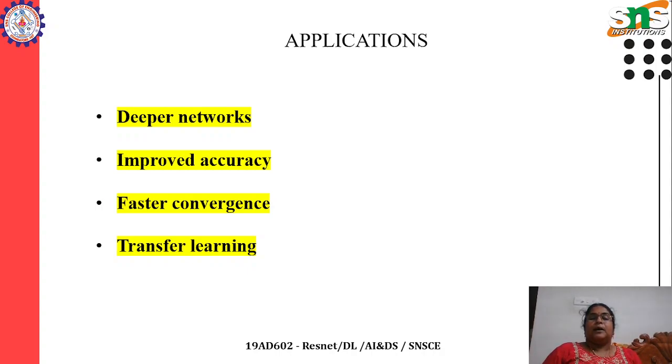It has improved accuracy compared to the VGG net, and it overcomes the dropout problems. The accuracy of the network is improved, and it has faster convergence and supports transfer learning. So these are all the important applications of ResNet.